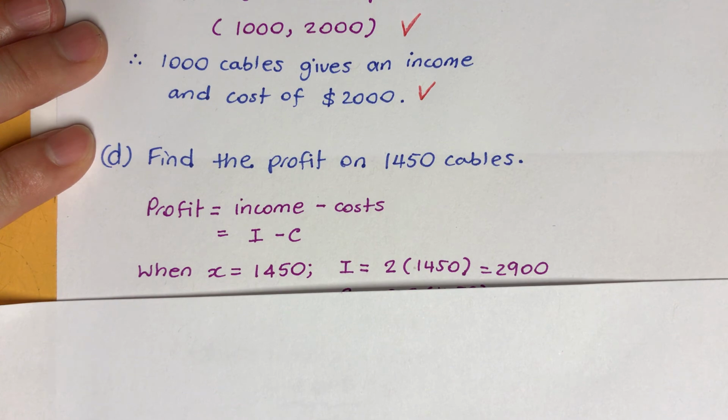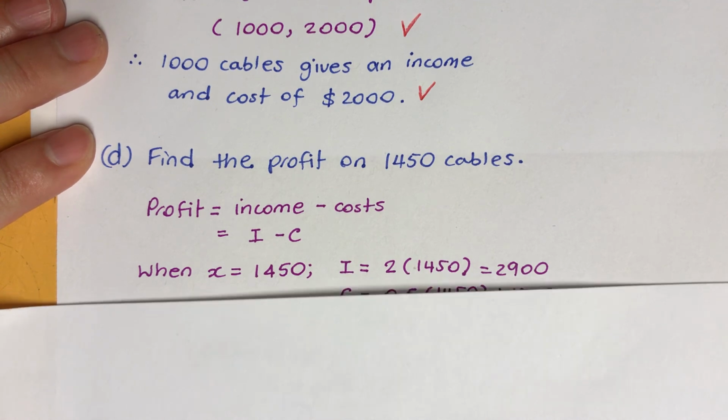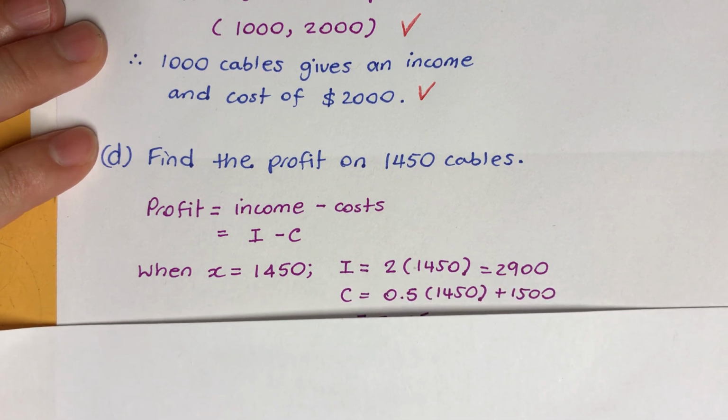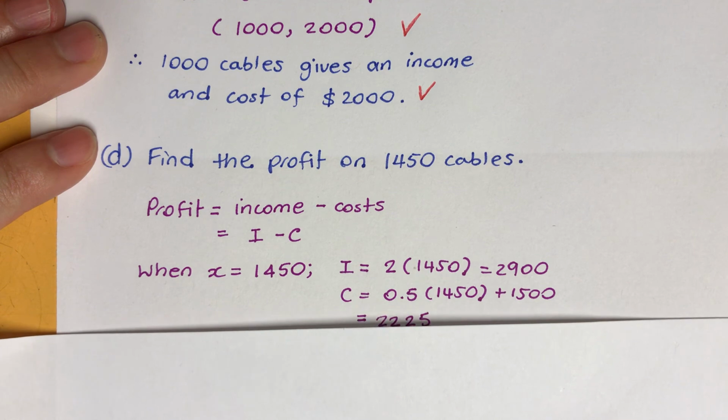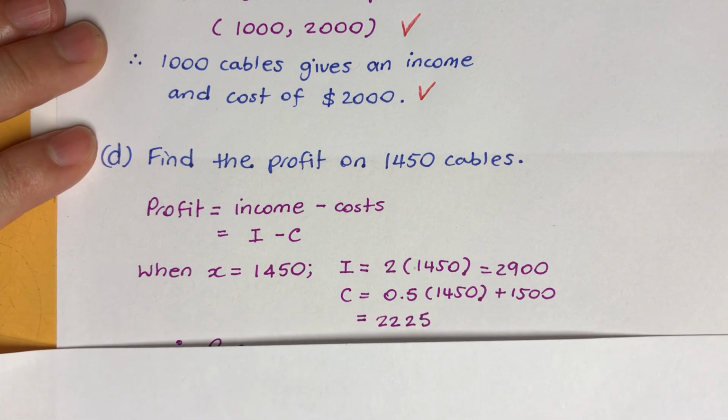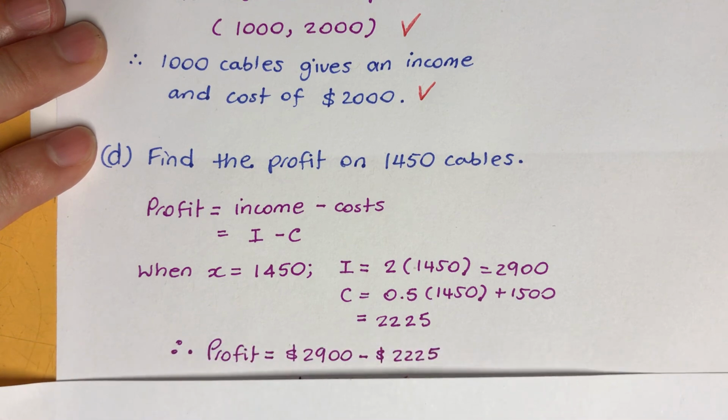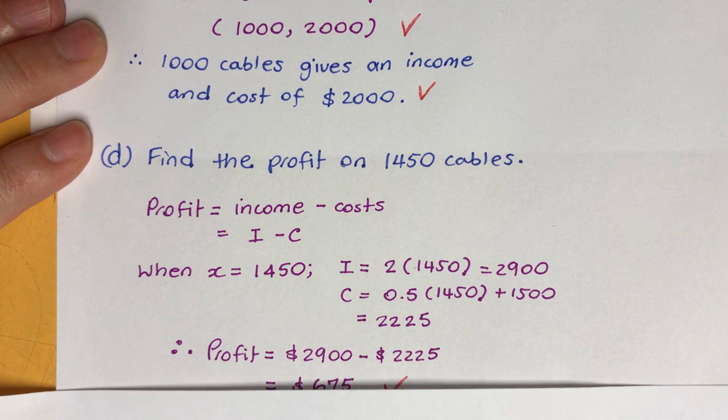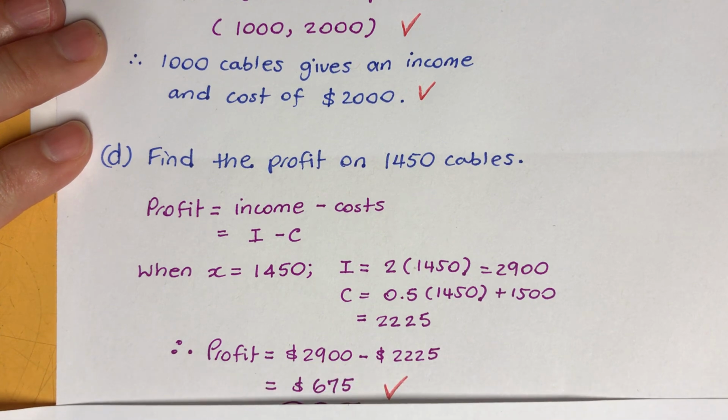It will be 2 times 1,450, which is $2,900. And then cost will be 0.5 times 1,450 plus 1,500. Remember the fixed expense that we have to add on. And this will be $2,225. So profit when we're selling 1,450 cables, you will get $675.